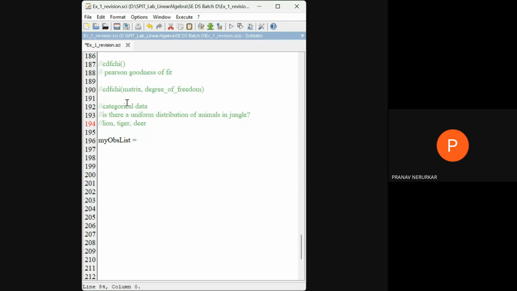Since we do not have the resources to track the entire forest, to count all the animals in the forest, we focus on one sample. And in that sample, you find that deer is 16, tiger is 17, and lion is 20.